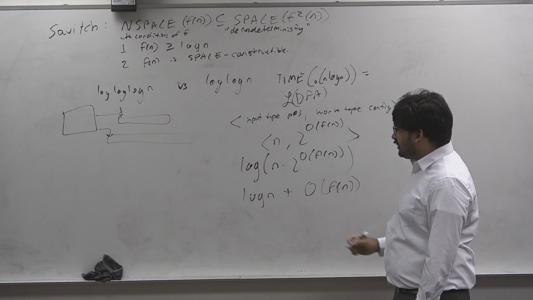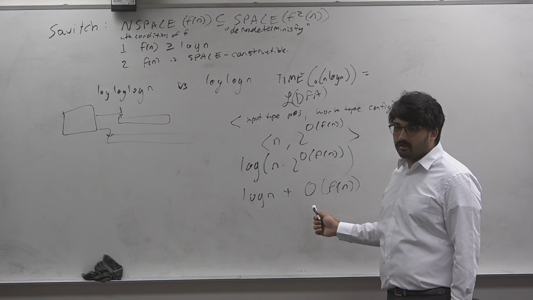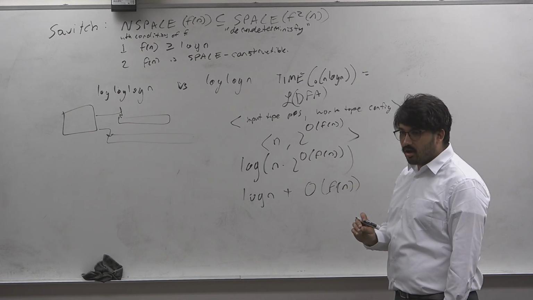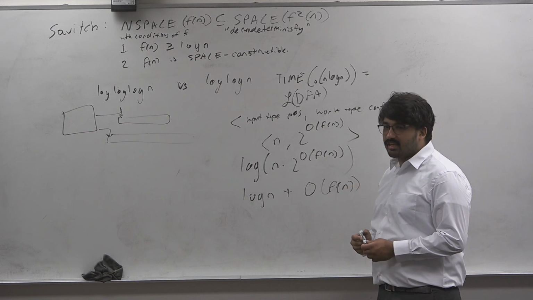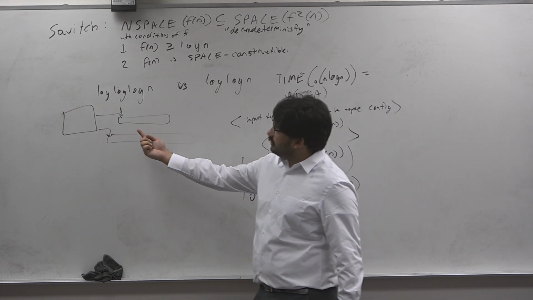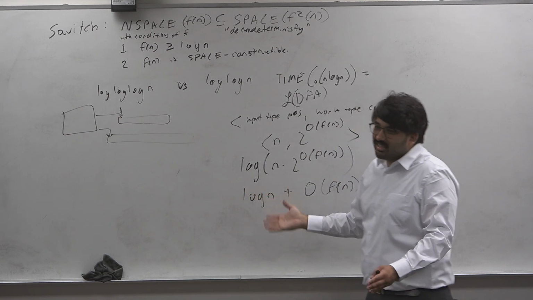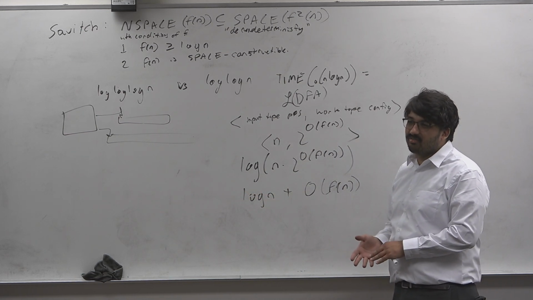Well, this is the minimum size of a configuration. So if f of n is much smaller than logarithmic, the configuration still takes at least logarithmic. Basically, this log n comes from the encoding of the position on the input tape, so it still takes at least that much. So Savitch's theorem cannot apply to smaller functions than log of n.